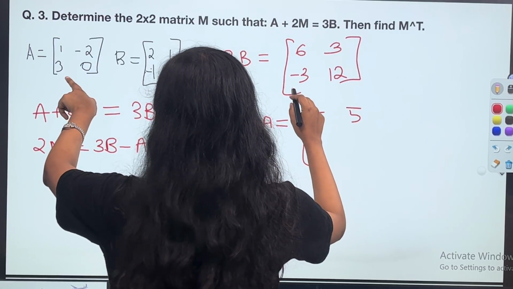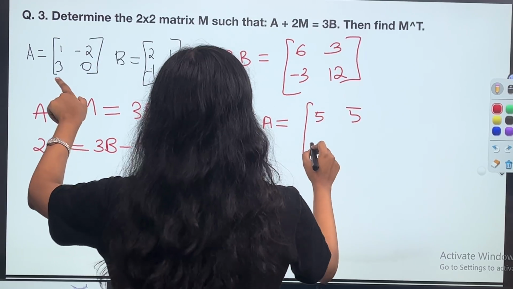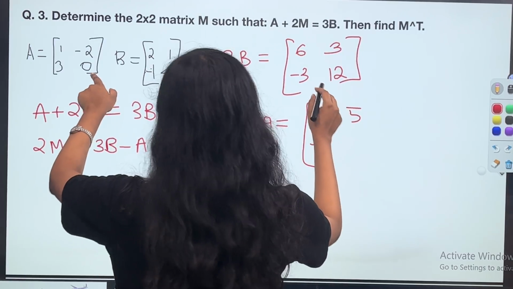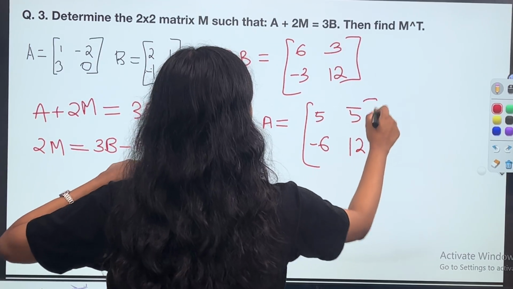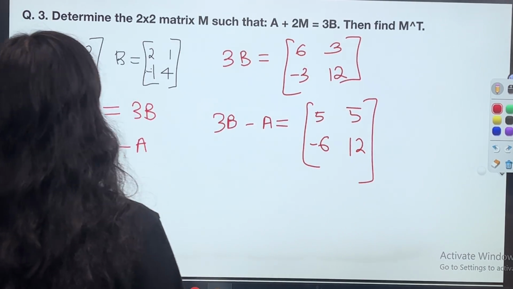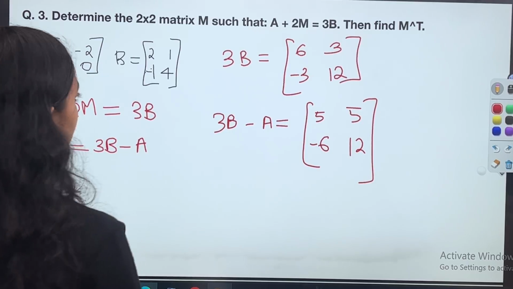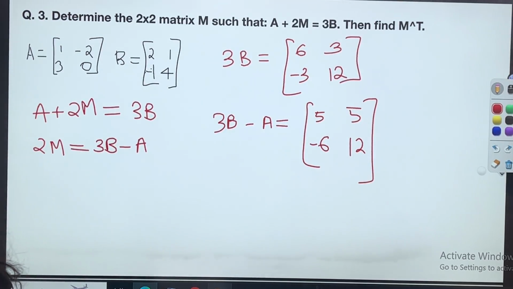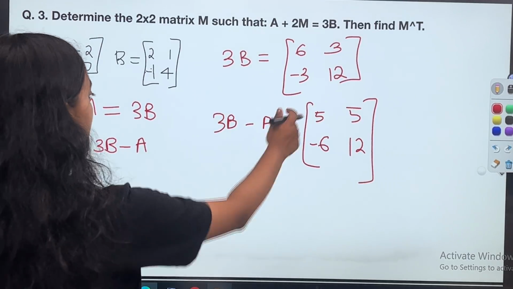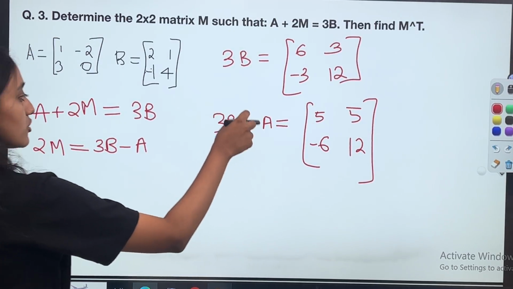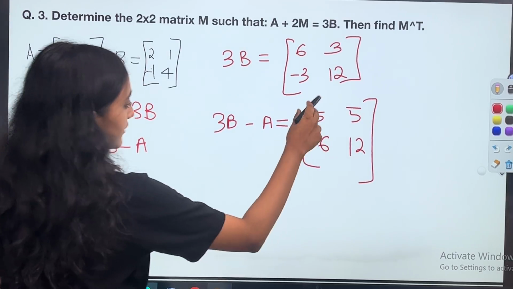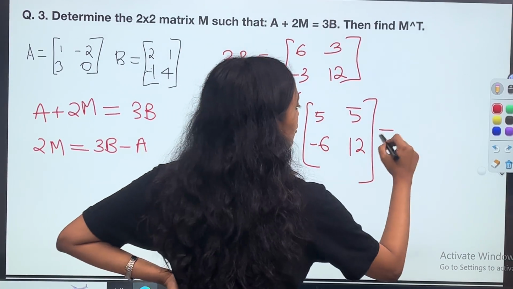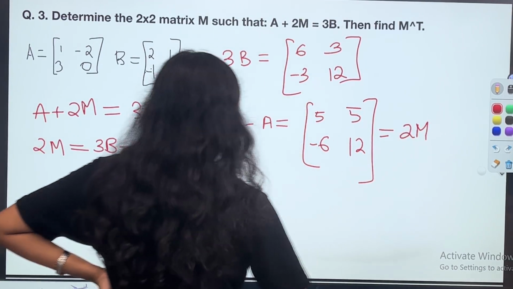Minus 3 minus, 6. 12 minus 0 is 12. Am I right? 6 minus 1 is 5. 3 minus of minus 2 is plus 2, which is 3 plus 2, which is 5. So I get 5, 5, minus 6, 12. Okay. So 3B minus A is equal to 5, 5, minus 6, 12, which is equal to 2M. So what will be M?